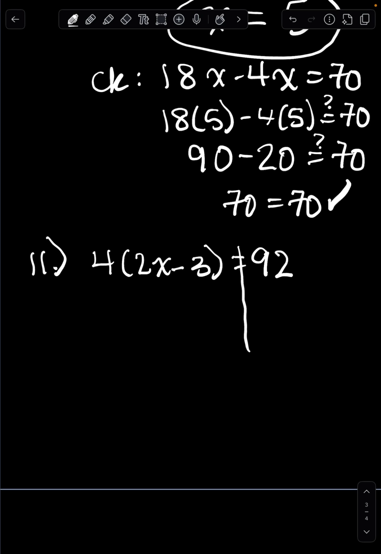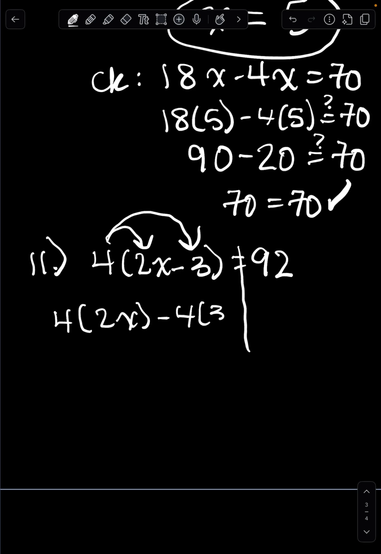Either way, you're going to get the same answer. Let's go and do distributive property. Okay, multiply by 4, distribute, and multiply by 4. So that means we're going to have 4 times 2x minus 4 times 3 equals 92.